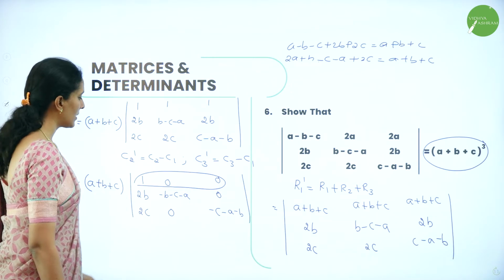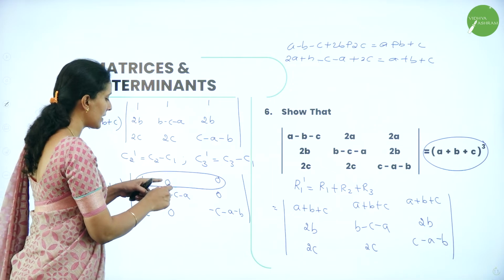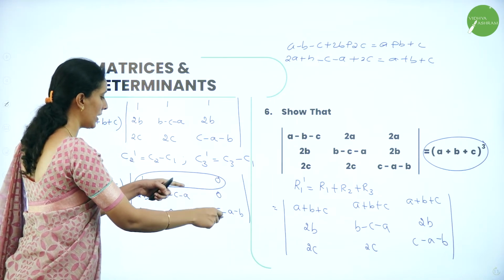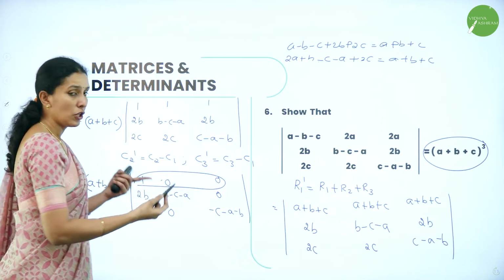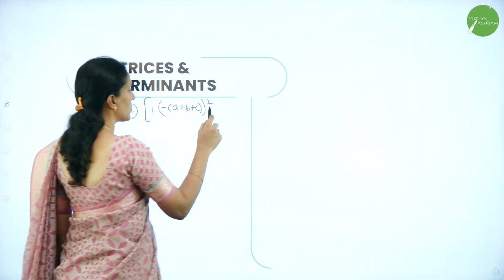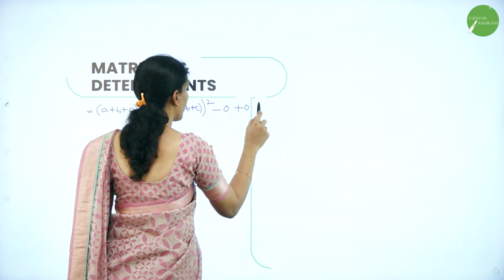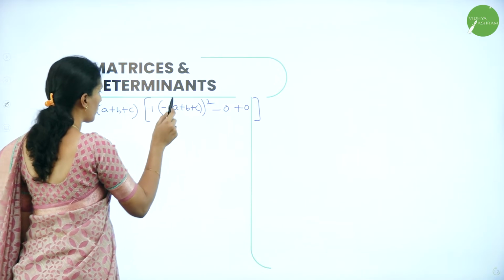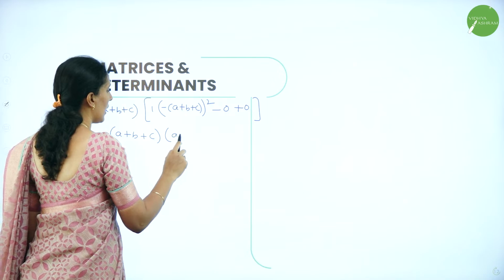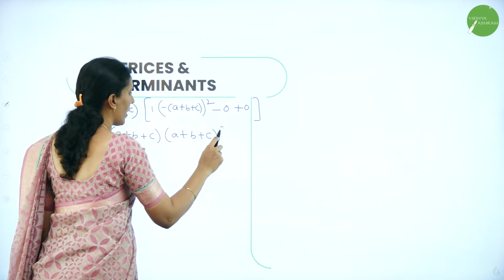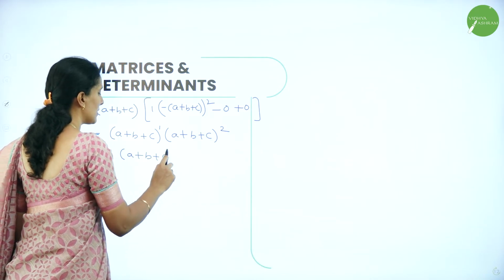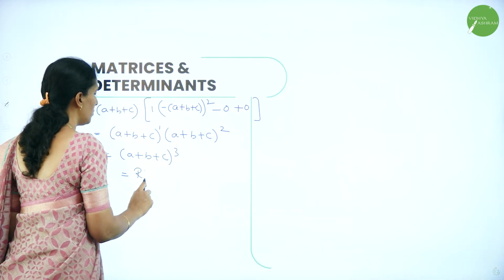Next, minus 0, deleting the row and column, and again plus 0; since the product is with 0, it becomes 0. Now we have the whole square of A plus B plus C, and the one outside times it becomes A plus B plus C whole cube. That is equal to RHS.